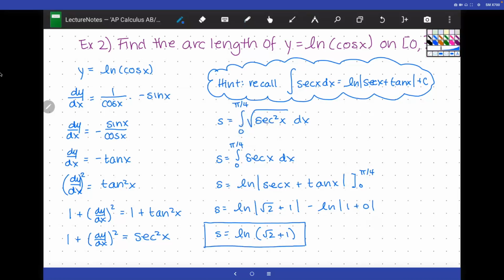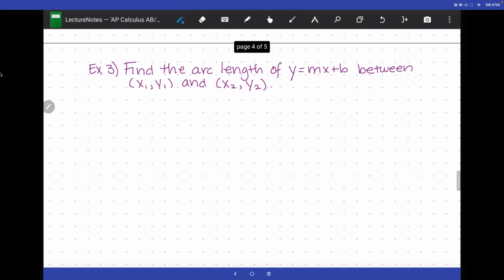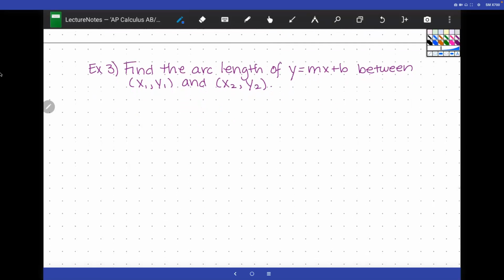All right, you guys ready for the last one? Here's the grand finale. That's right. Where are the numbers? We'll do this one together because there's no numbers.